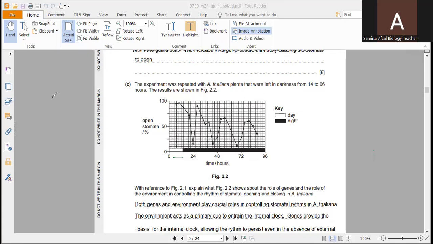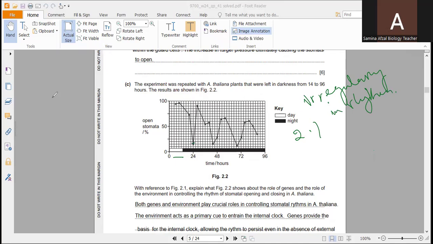So compared to figure 2.1, the peaks and troughs are not as sharp, and the rhythm gradually dampens over time. You can see the rhythm is not a regular sequence. There is irregularity in the rhythm, but the rhythm is there.